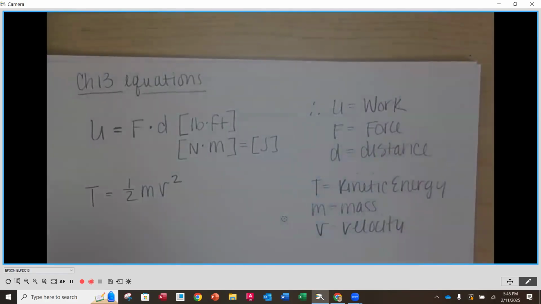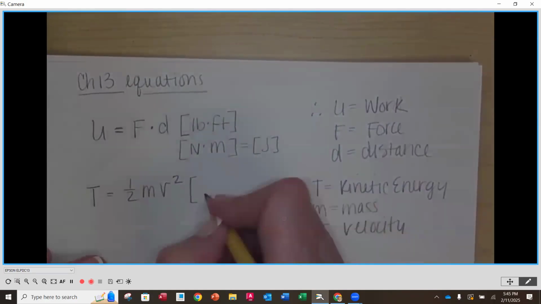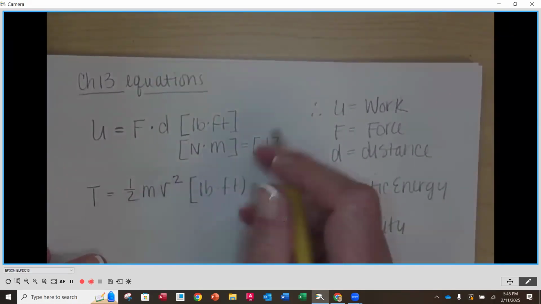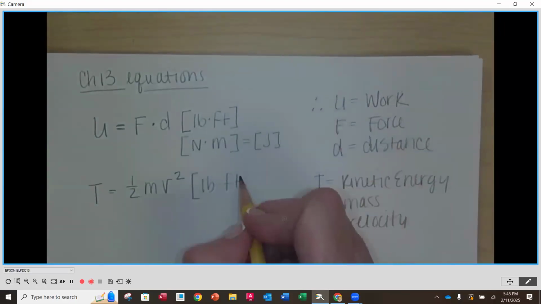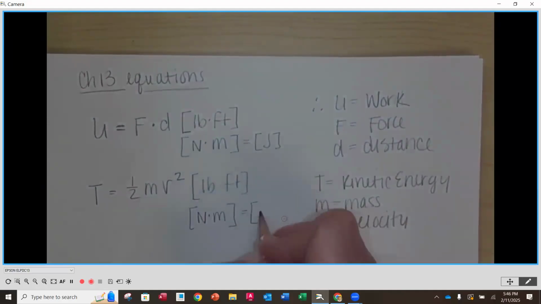Now units here are also going to be in pound feet. They're the same units as work, pound feet for English, and they're going to be Newton meters or joules for the metric system.